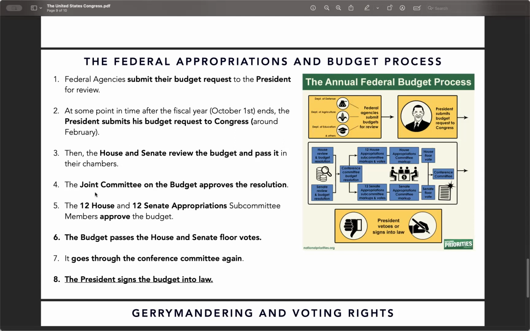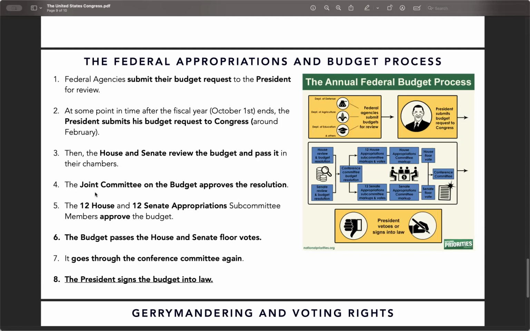Then there has to be a joint committee comprised of both the House and the Senate to approve the resolution. And then subcommittee members in the House and Senate appropriations committees have to approve the budget. Then it has to pass the House and Senate floor votes, then go through the conference committee again, and then be signed into law.